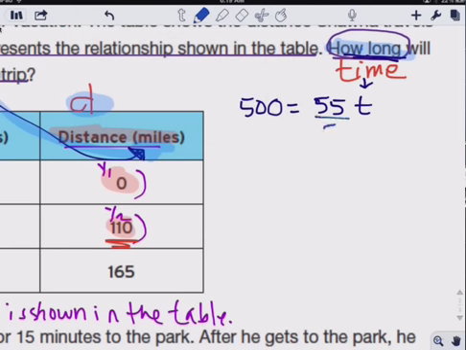So you divide by 55, divide by 55. You get 9.0909, which is 9 as a fraction, with a remainder of 5. So 5 over 55, which is 1 over 11. So T equals 9 and 1/11.